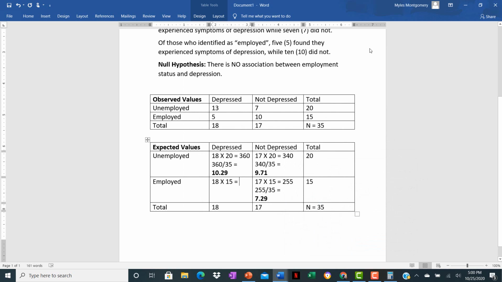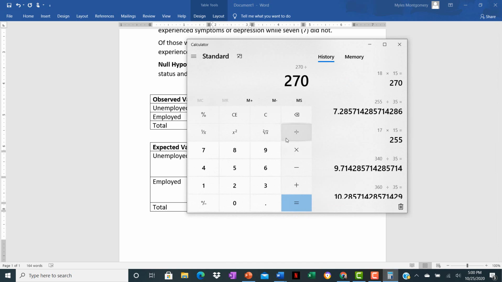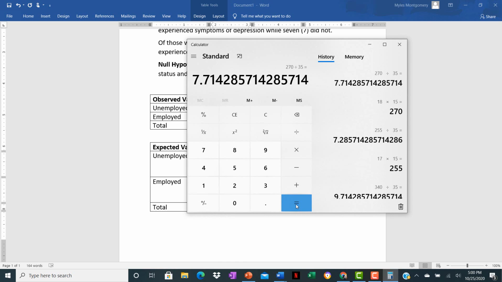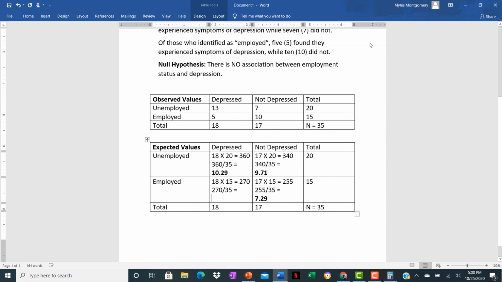Just to be absolutely clear with everybody, we'll go 270 here. Bring 270 down, divide it by 35. 35 is our N. When we do, here's what we're going to get. 270 divided by 35 is 7.71. Okay, terrific. We have all of our expected values.